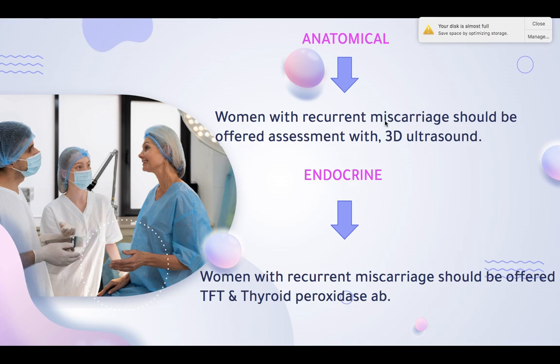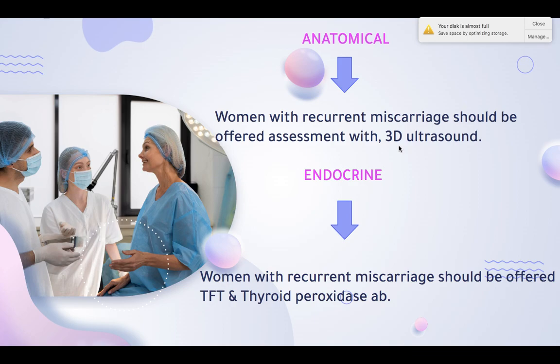Because the detection rate of 3D ultrasound is quite high, that is 97%. And 3D ultrasound is recommended as a first line investigation. This can come as a single best answer question. Friends, just remember, this is very important. 3D ultrasound is recommended as a first line for the diagnosis of congenital abnormalities.